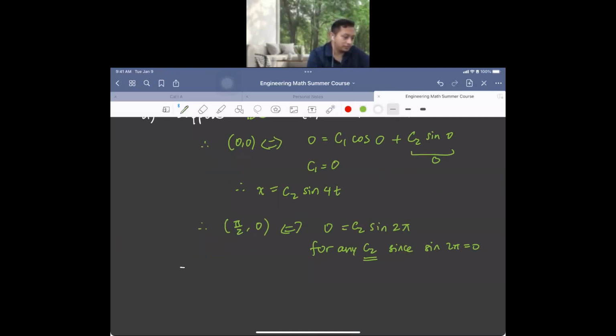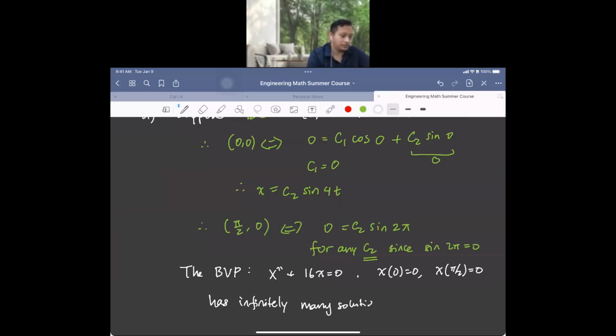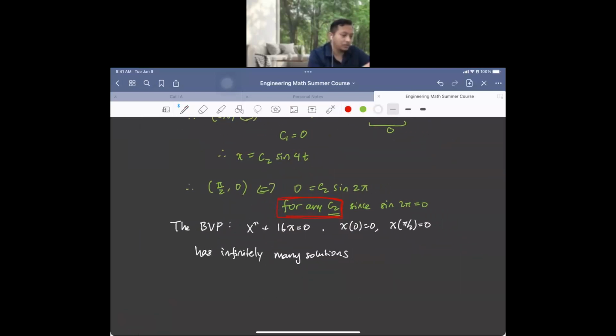So the boundary value problem has infinitely many solutions, especially for this case here. Since we know that sine 2 pi is 0, c2 can be any number, right? So we call this having infinitely many solutions.